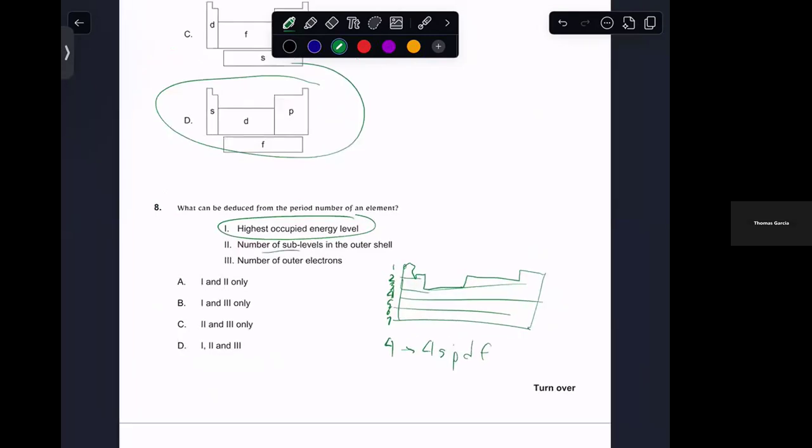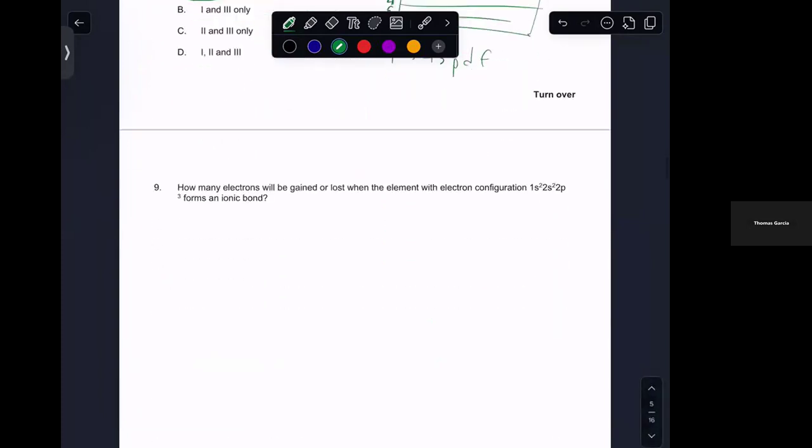It just says number of sublevels. So we have that. We do not know the number of outer electrons. We need the group for that, so the families, group 1, 2, 13, all the way to 18. So it's going to be 1 and 2 only, A.